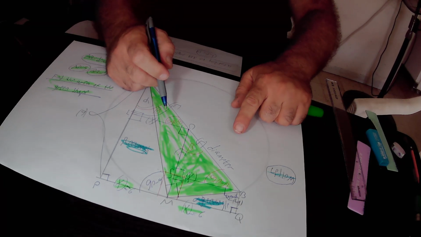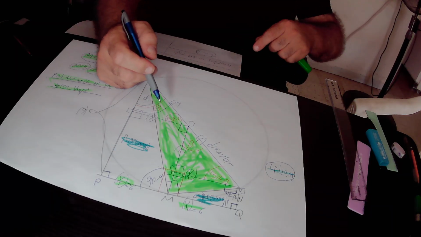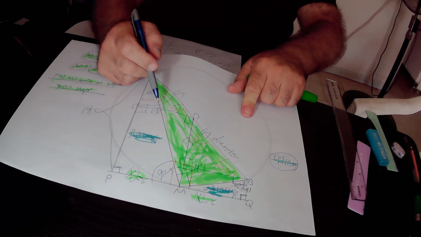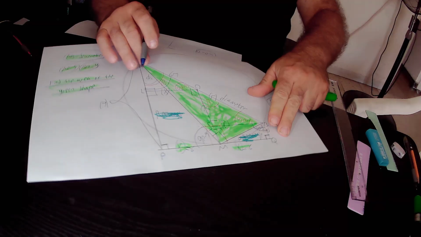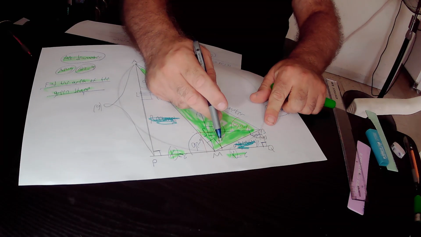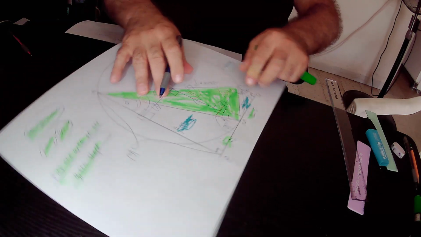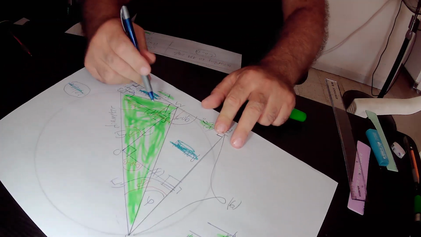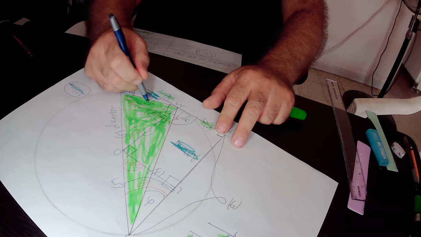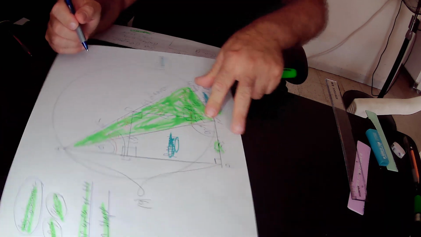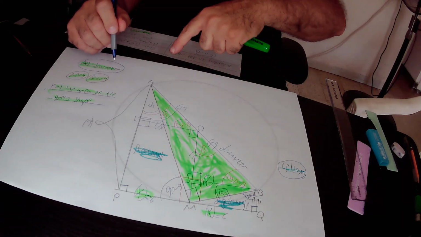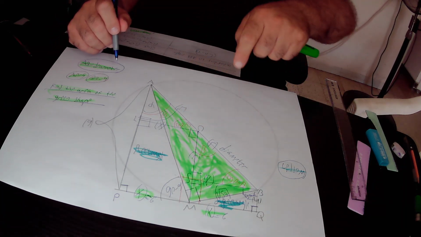This is side BM. This equals the square root of 52 units in length. In the next step, we implement the Pythagorean theorem on this big right triangle APM.